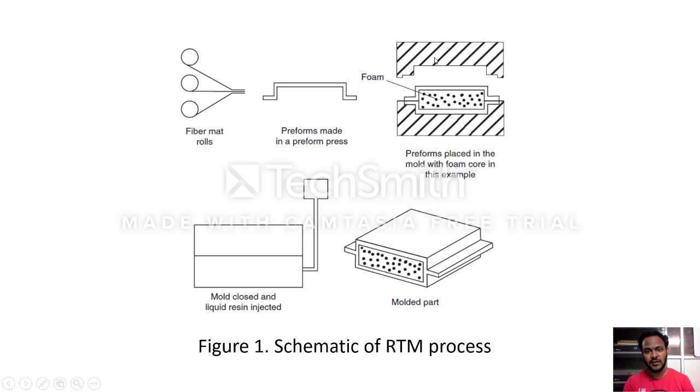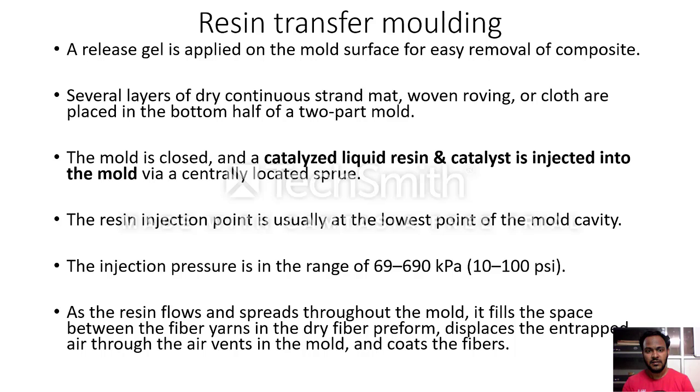For example, these are two jaws actually, and you keep whatever shape you have made by using continuous or discontinuous fibers, and then you give some stamping to it so that you will get a particular shape. This is how the preform is made. We will see how the preform is made in detail in the further discussions.